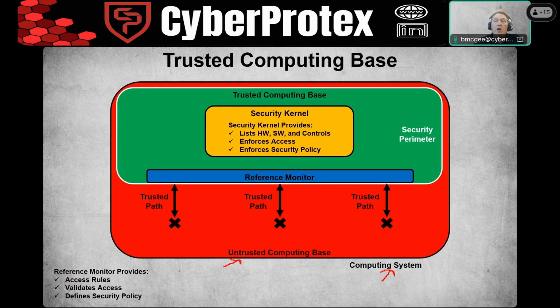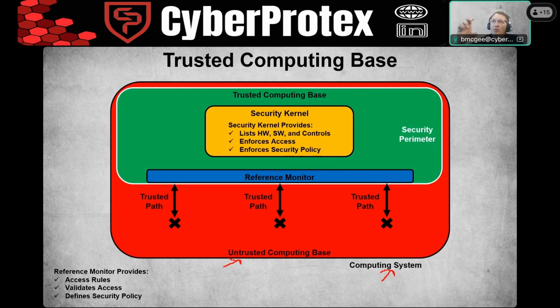So it would know exactly what hardware, it would know what software, it knows what controls it has. It makes sure that only the right people have access to it, and that it enforces any type of group policy that may get pushed down to it. That would obviously be in a Windows system. But the security policy that's enforced, even in a Linux environment, we can set up rules to make things happen, right, for security, and lock it down.